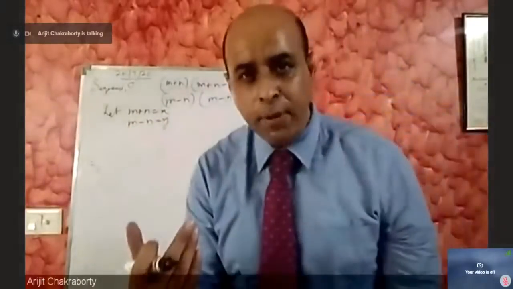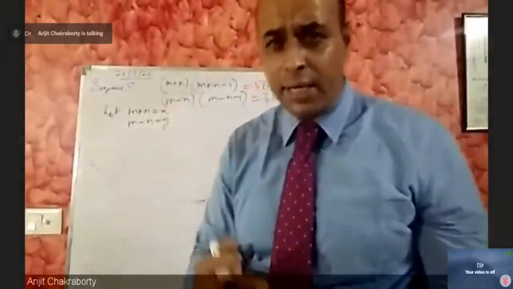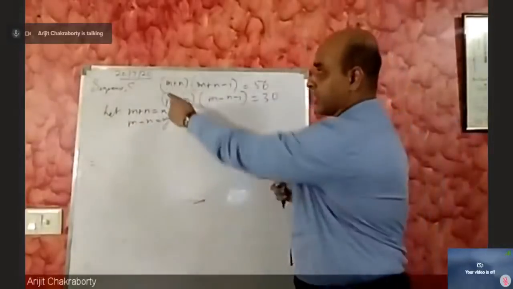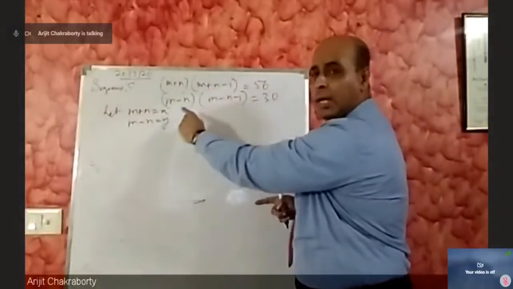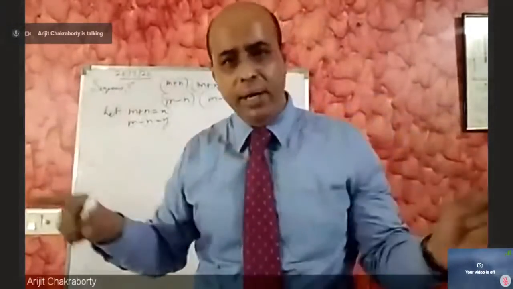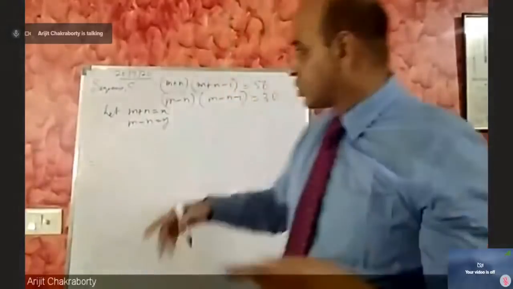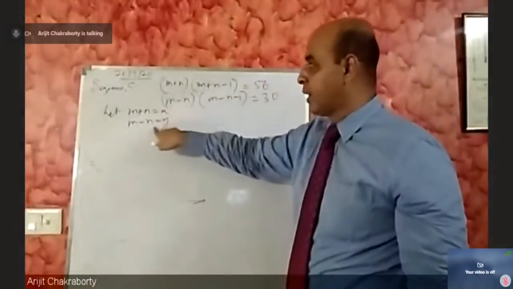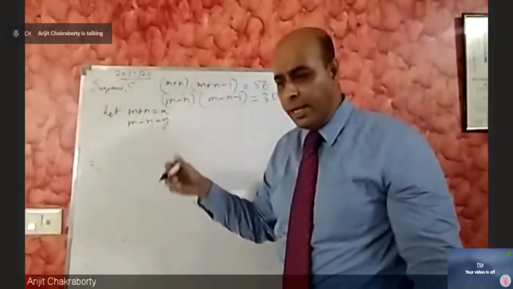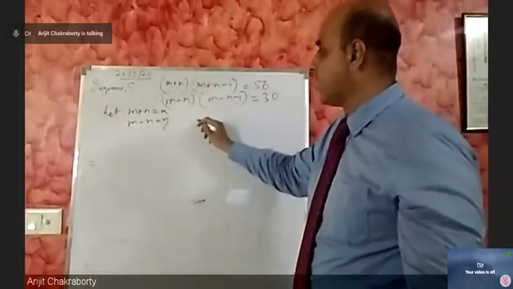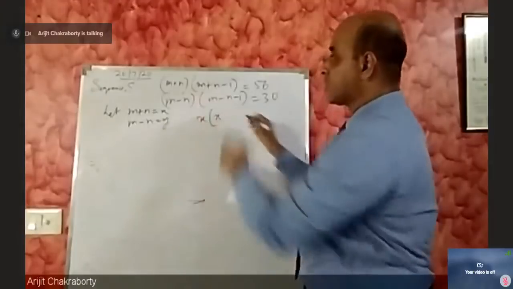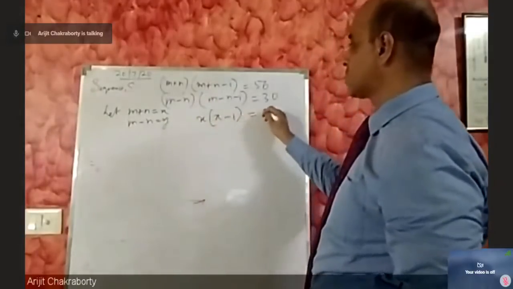I am substituting m+n with x and m−n with y to simplify, because this is a big expression and unmanageable. So the first equation becomes simplified: x into (x−1) is 56.